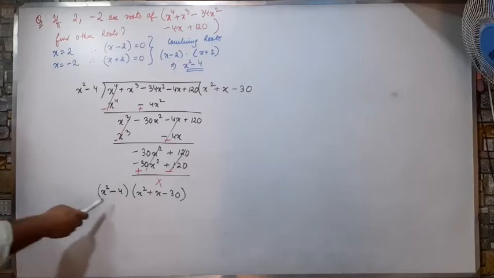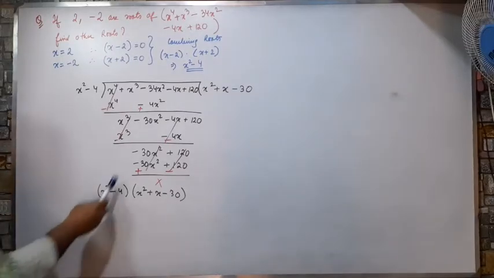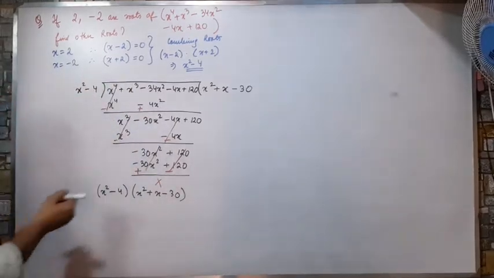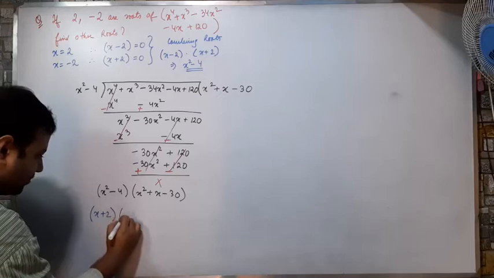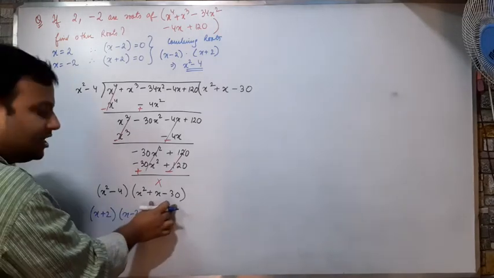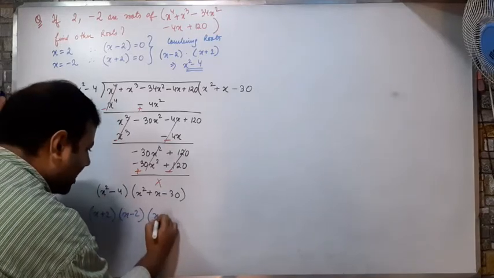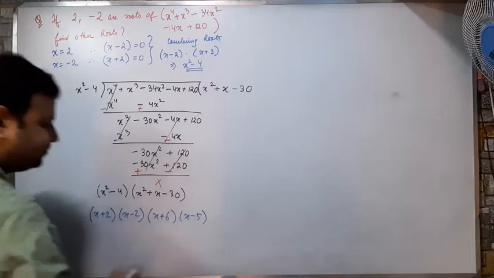Okay, this can be already broken because I know where x² - 4 came from, x² - 4 came from combining these two, so this x² - 4 can be broken as x plus 2 and x minus 2. Similarly, I can break this by middle term. I will get x plus 6 and x minus 5.